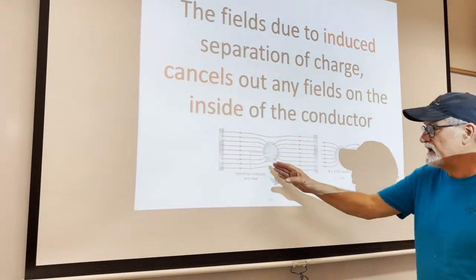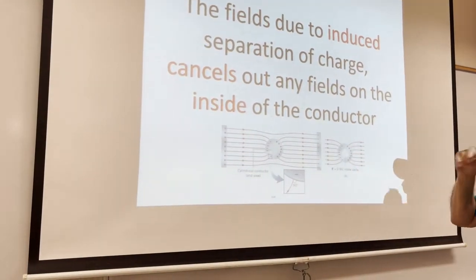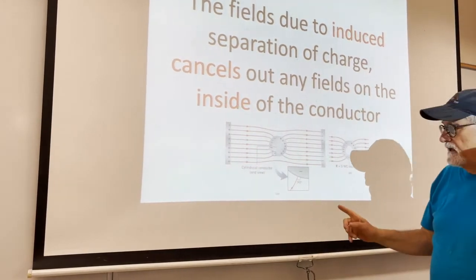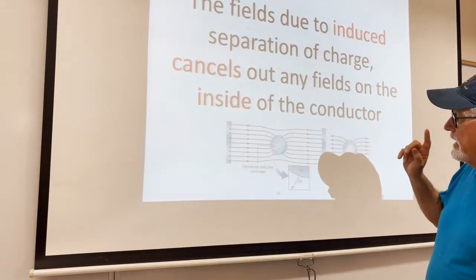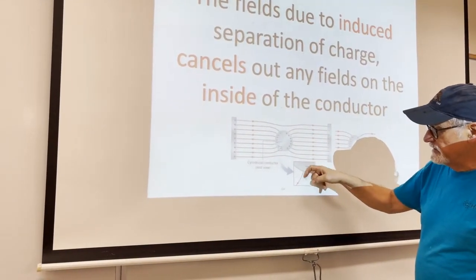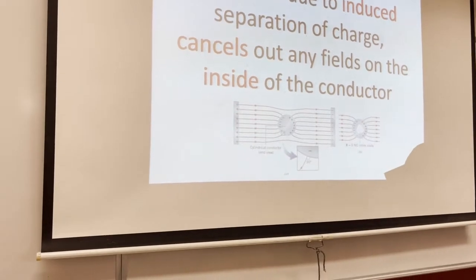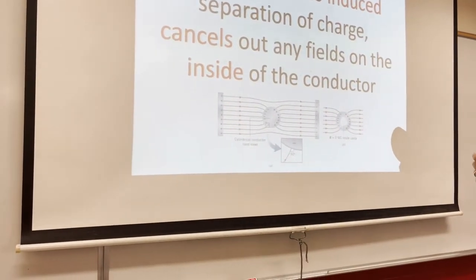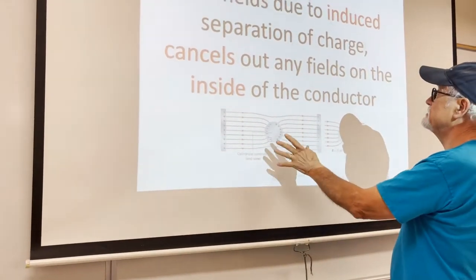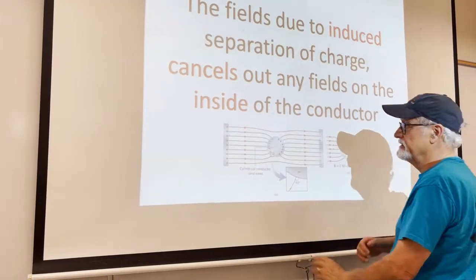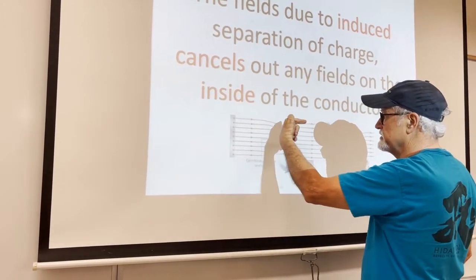That works if it's solid or if it's a ring. Funny thing, inside the ring, there's no electric field. And another thing is, at the surface, the electric field is always perpendicular to the surface. Okay, so these fields, due to an induced separation of charge, cancel out any fields on the outside. You've got this external field going this way.